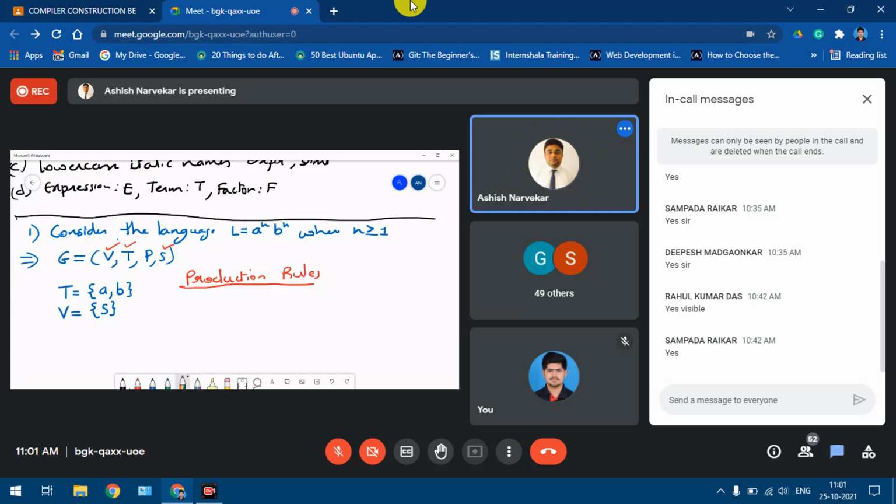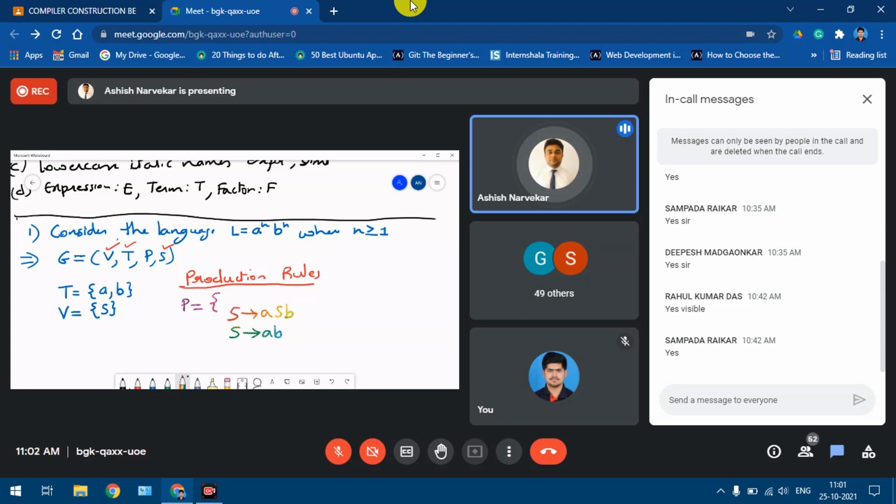We can write P equal to, since it is a set of production rules, that's the reason I'm taking this curly brace. So we can write S goes to a S b. This is one production rule that I'm defining, and the other production rule is S gives ab.